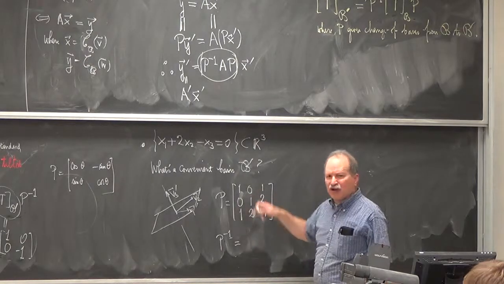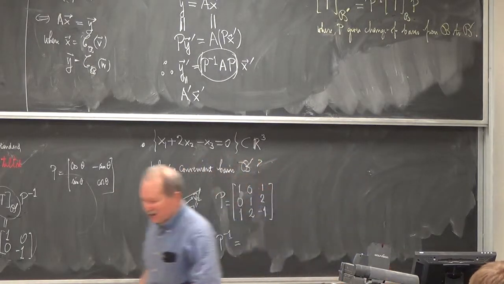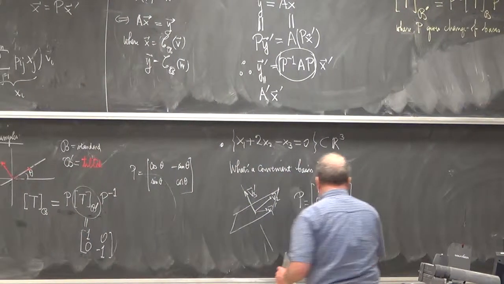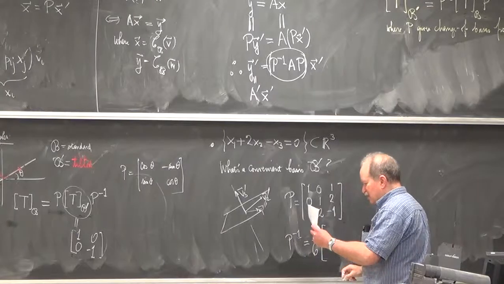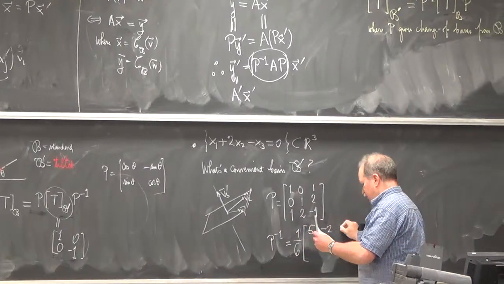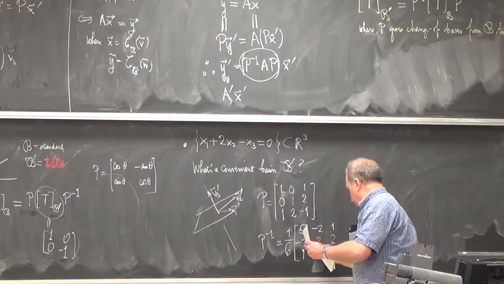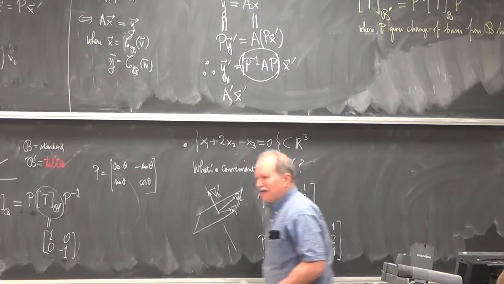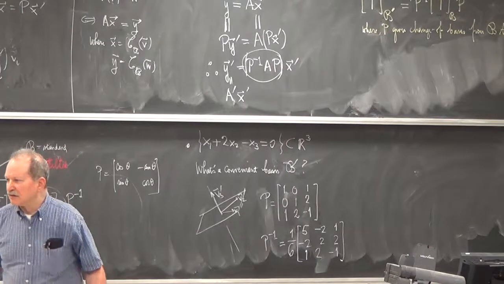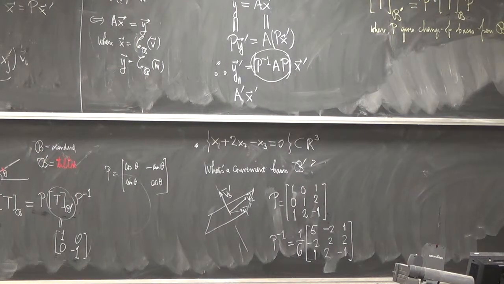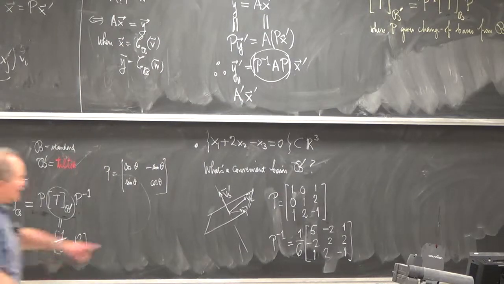And with a 3x3, cofactors is actually faster, I think. I actually did do this. P inverse is this. There's P inverse. Did we happen to use the exact same P you did? Well, I changed it, I moved that to the second column.